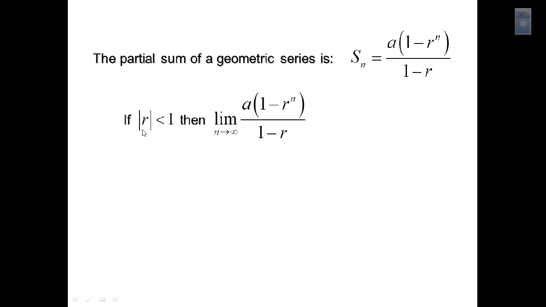Now, if the absolute value of r is less than 1, then the limit as n approaches infinity of all this thing right here, that part's going to go to 0. So we end up with a over 1 minus r.